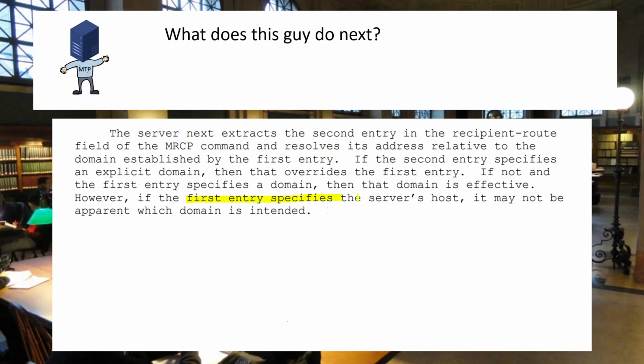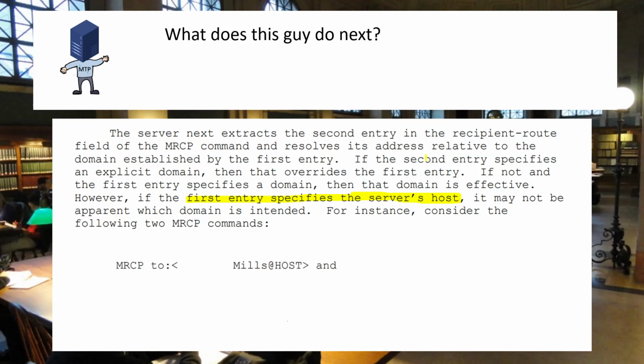Okay, if the first entry doesn't give a domain, it gives a host, we need to know, well, what domain is that host in? So for instance, consider the following two mail recipient commands. So you might have mrcp to, there's the two commands. That's not them entirely yet, but notice how they're both going to have mils at host. Now the first command is at comsat, and the second command is at Intel Post.